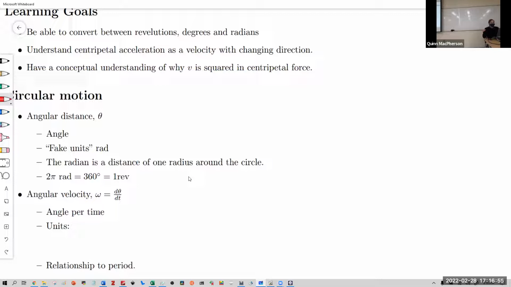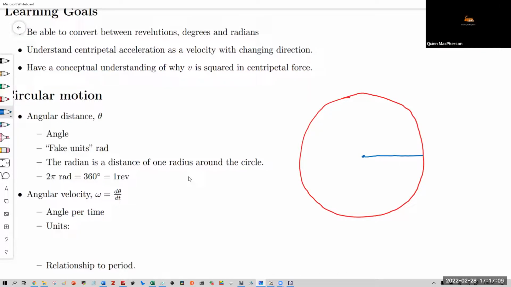Okay, so here we have a circle. Suppose we take a little piece of string, and we cut it so it's just long enough to go from the center to the edge of the circle. So it's 1 radius long. Okay.